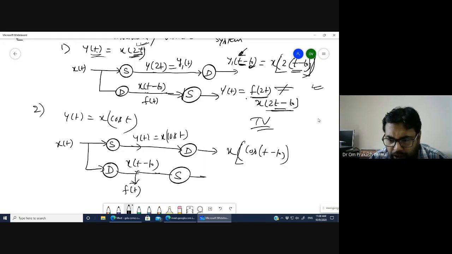And when you provide x of t minus t naught and pass it through the system, it will give cos t minus t naught. Both are not equal. So it is time variant.